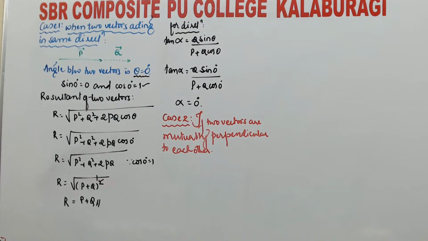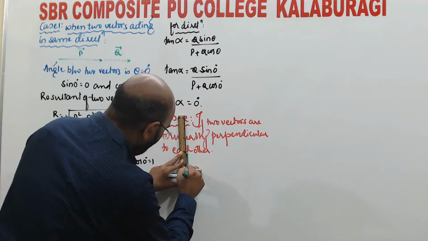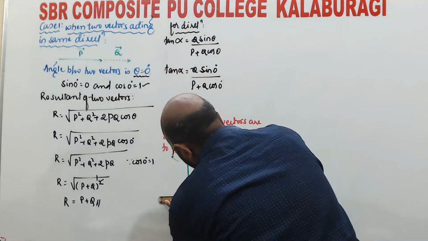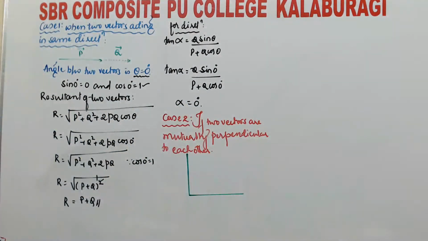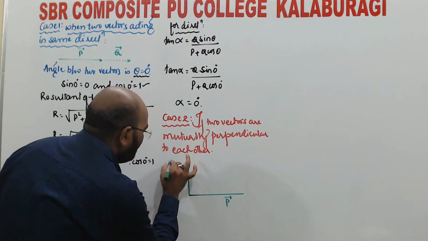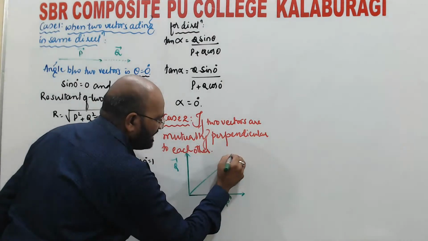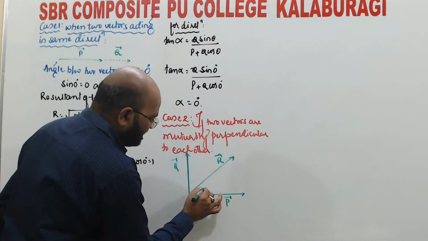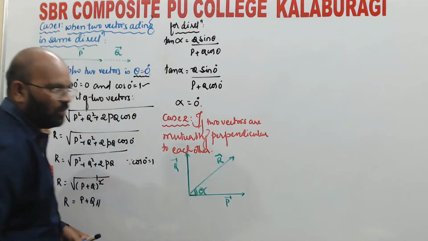Say for example, if this is the vector p and this is the vector q, and both are perpendicular to each other. So both vectors are mutually perpendicular. This is the resultant R, and it makes an angle over here. This angle will be considered as alpha. Theta we are already using, so I will use alpha.